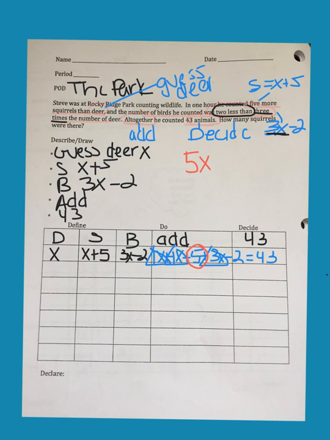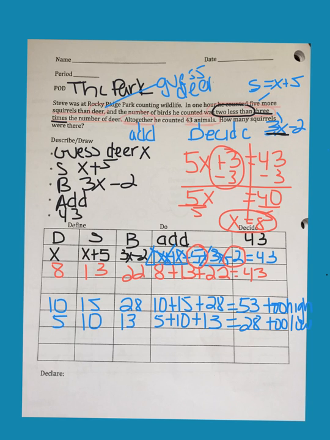Now I have 5 minus 2, which gives me plus 3. Okay? And that equals 43. So now you can either go ahead and do a guess and check table, or you can go ahead and solve the equation. So let's pause the video and you choose one or both ways to solve this problem.